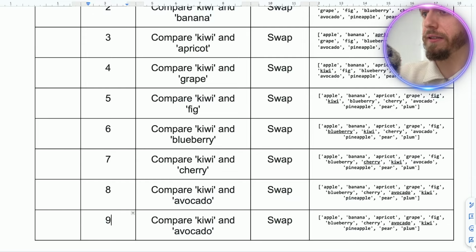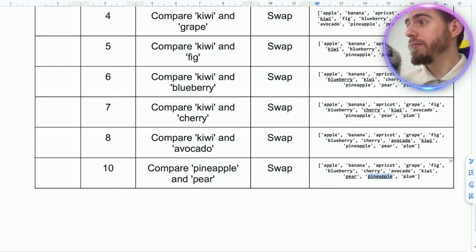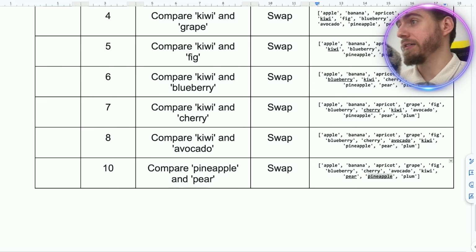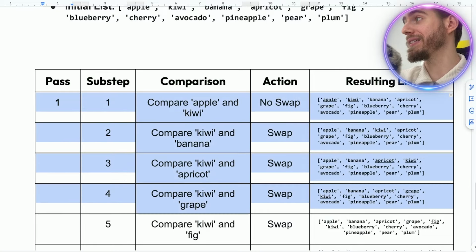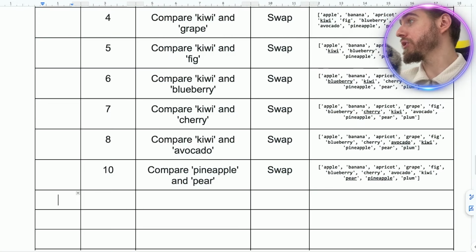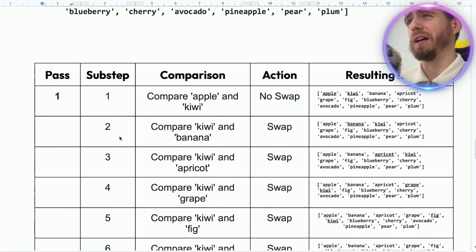Let's write down, compare pineapple and plum. They are already sorted, because of the second letter. Now, let's finish. While I'm typing here, you can try to figure out how many passes we would have. The approach is the same as before. I'm going to simplify the steps now.